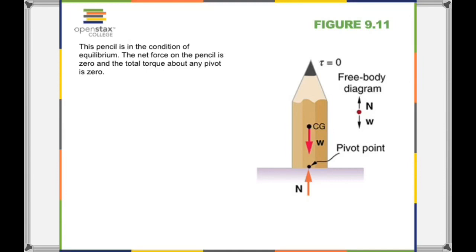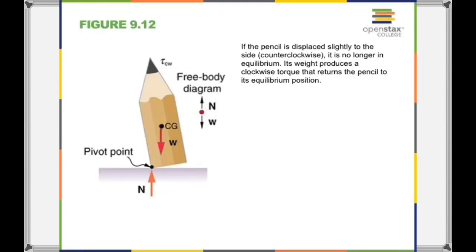So this pencil is in stable equilibrium. Now, if this pencil is tilted a little bit to the left side or displaced slightly, it is not in equilibrium anymore, because we can see that the weight acting through the center of gravity now produces a clockwise torque about the pivot, which is this point, which tends to bring it back to its equilibrium position.